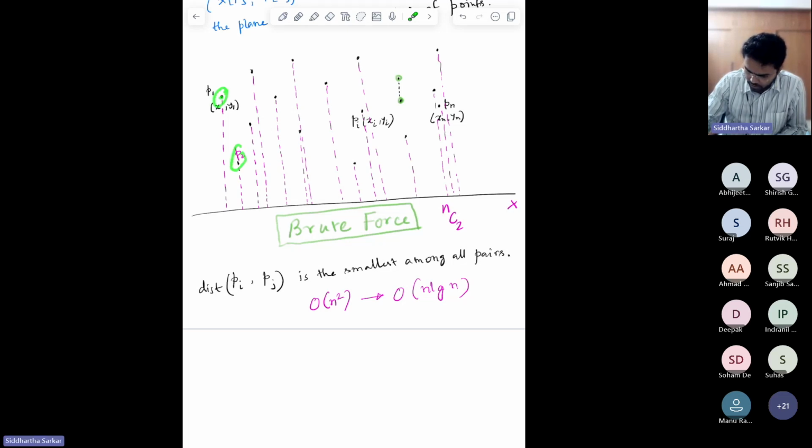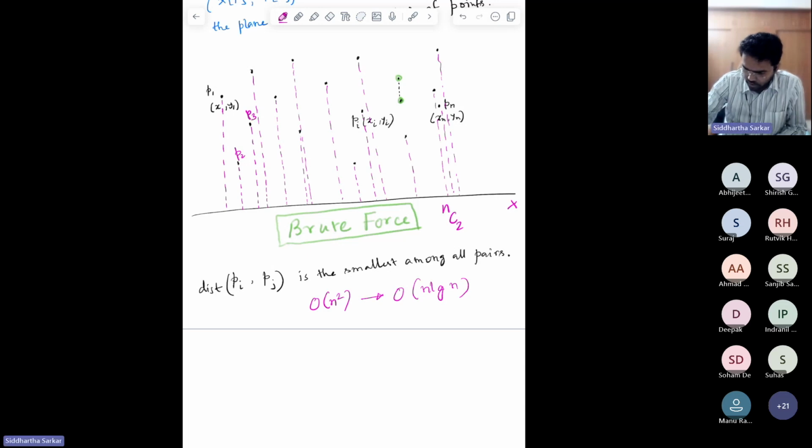Now he's saying that if you drop P1 and P2 on the x-axis, you see that there is no other point projected between P1 and P2. So these two are neighbors. But on the other hand, let's call this next point P3.